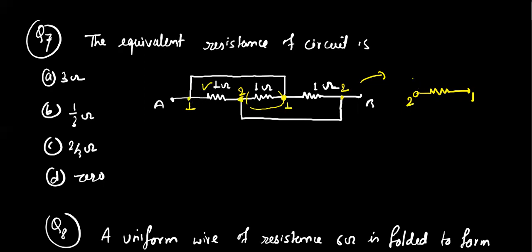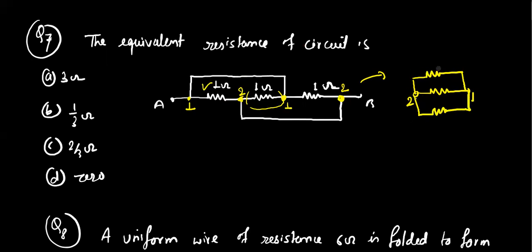Okay, so for the resistance, one end is connected with 1 and another is connected with 2, and for another resistance, this third resistance, same thing is happening here. One end is connected with 1 and another is connected with 2. So again, one end is connected with 2 and another is 1.